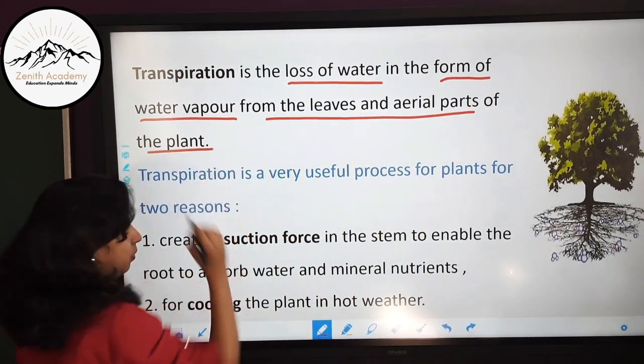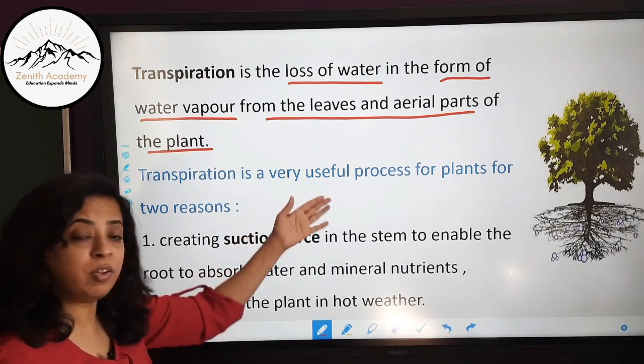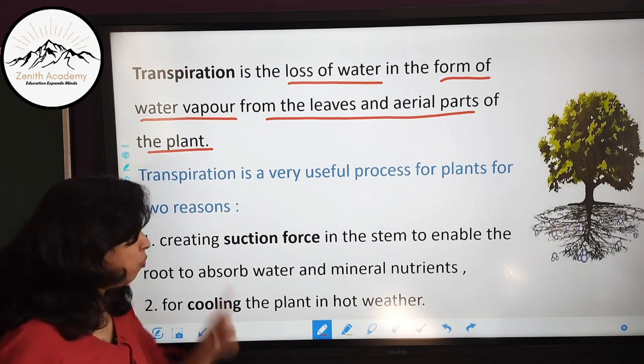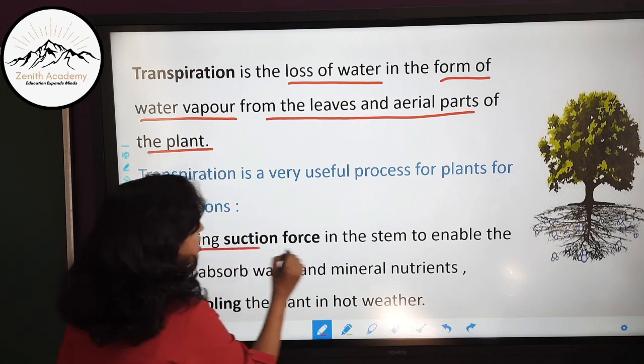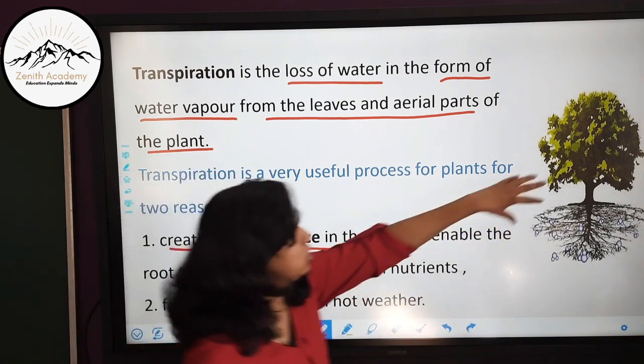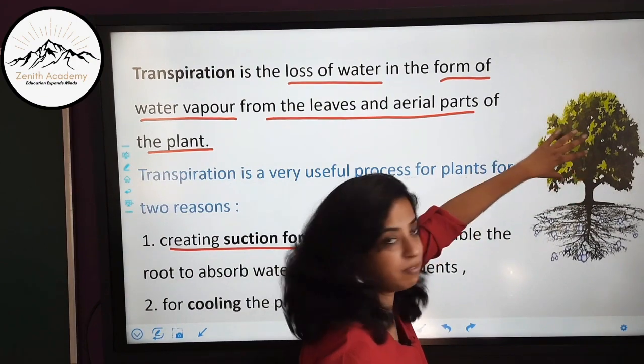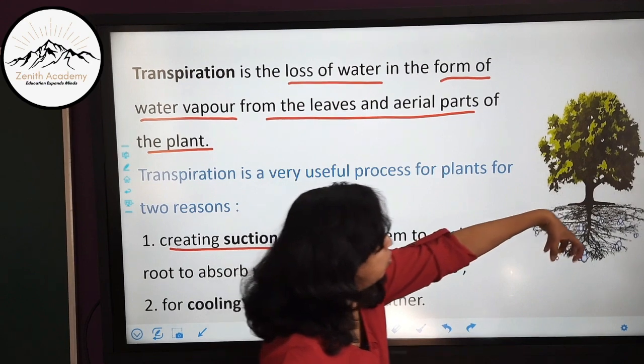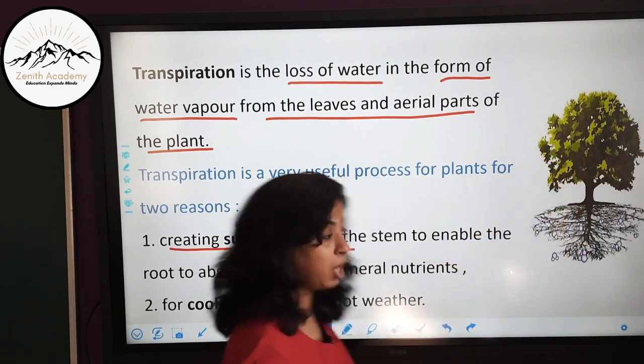Now, transpiration is a very useful process for plants, and there are two reasons why. First, it creates a suction force in the stem. Since water is transpiring from the leaves and the aerial parts, it will create a suction force so that the roots can absorb the water and minerals.